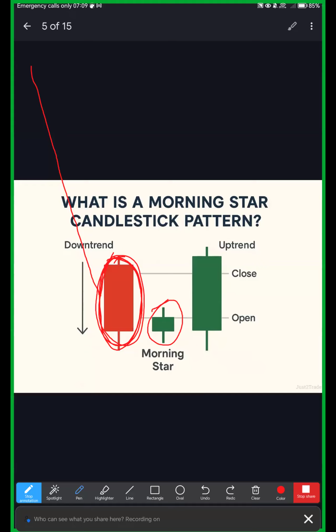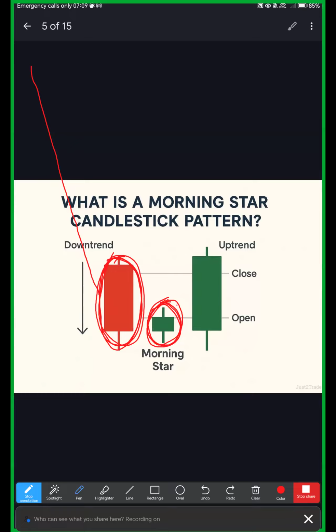Now let's look at its significance. This small candle in the middle can be a green candle, or sometimes a red candle, one of the two. It should not only be green.